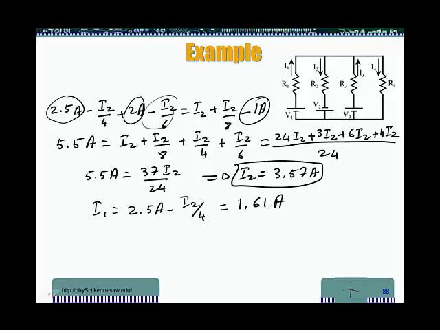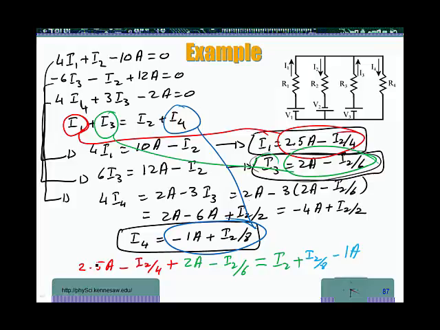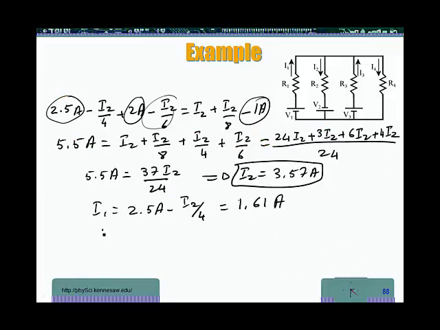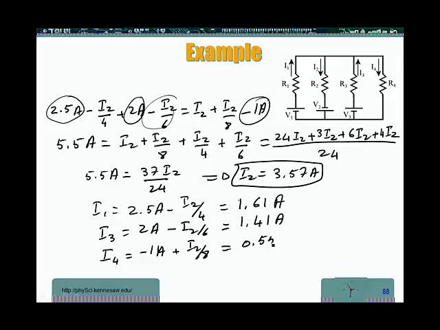I can go back to the equation for I3, which is 2 amps minus I2 over 6. That comes out to be 1.41 amps. And I4 is equal to minus 1 amp plus I2 over 8. And that comes out to be 0.55 amps.